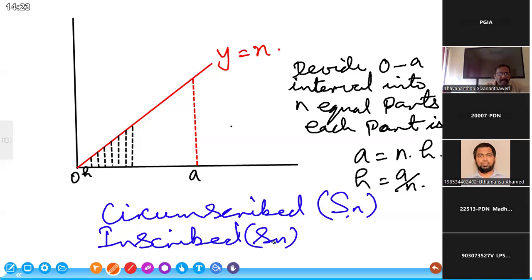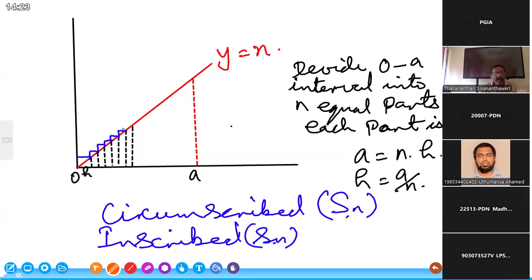What do you mean by circumscribed and inscribed? We take the rectangle, right? So this is one rectangle. You divide in such a way into smaller units. This is one rectangle, second, third, fourth, fifth. This method is called the circumscribed method, the one in blue color.